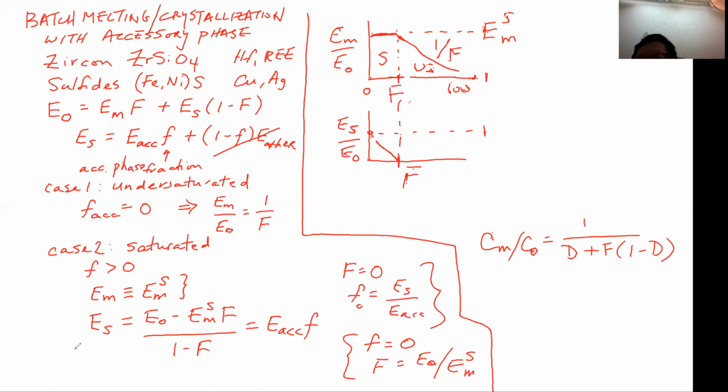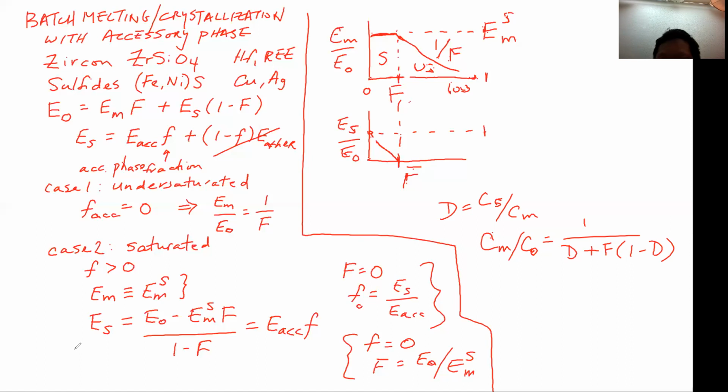D is the partition coefficient, right, where D is equal to the concentration in the solid divided by the concentration in the melt, okay? But when you have an accessory phase, this equation would look just a little bit different.